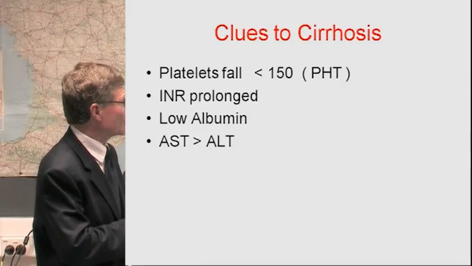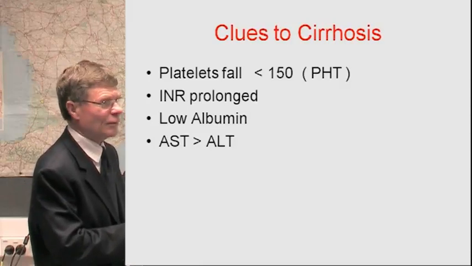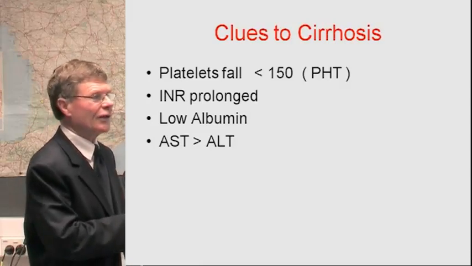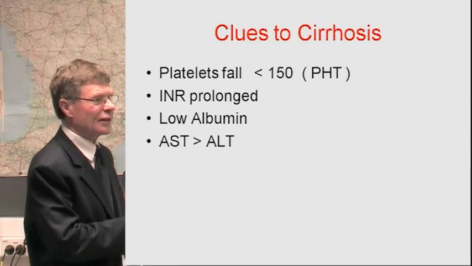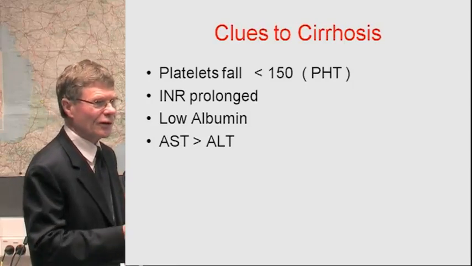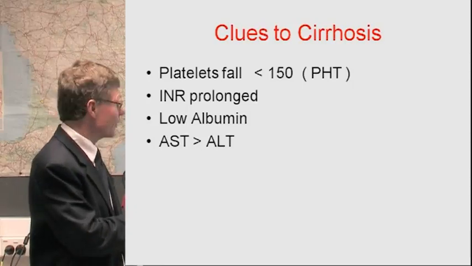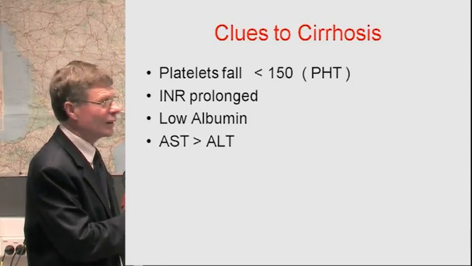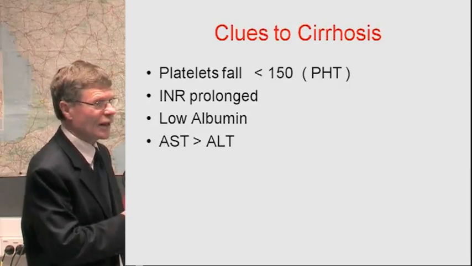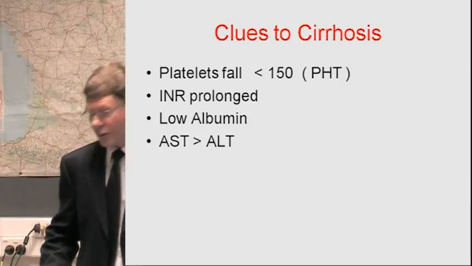Once you get cirrhosis, it switches round. Your AST becomes higher than the ALT. The only other situation you'll find that is alcoholic hepatitis, where you're not necessarily any fibrosis. That's the one disease where you get reversal of the ratio. But normally, in all other diseases, that's indicating that they've gone on to cirrhosis.